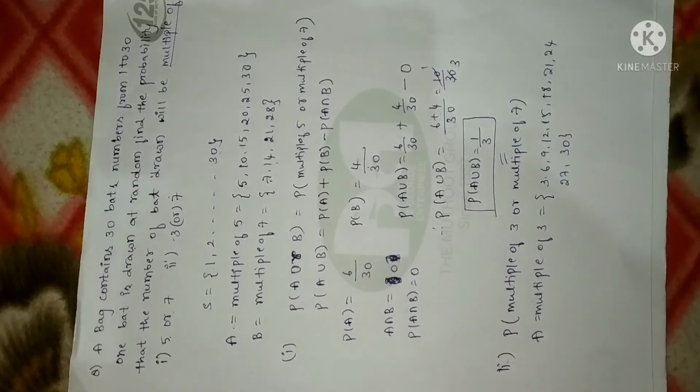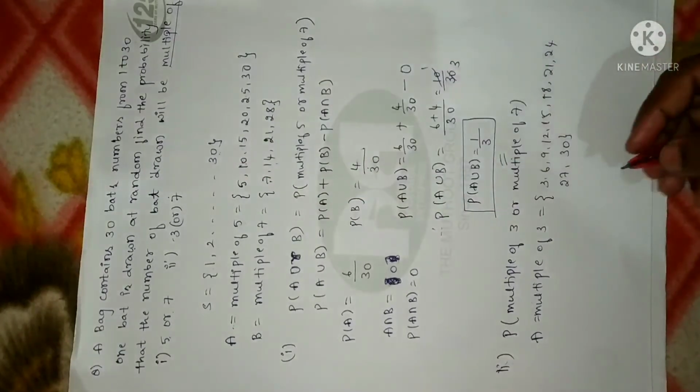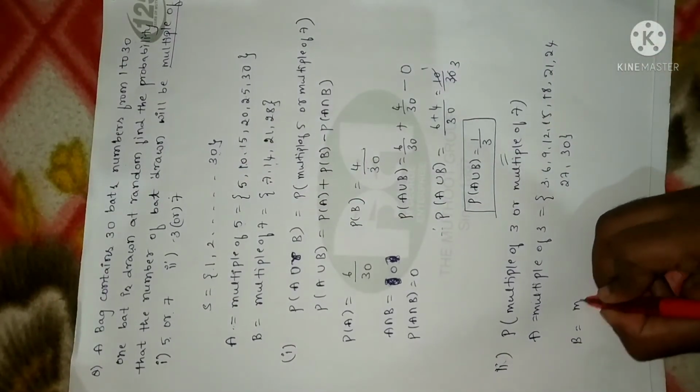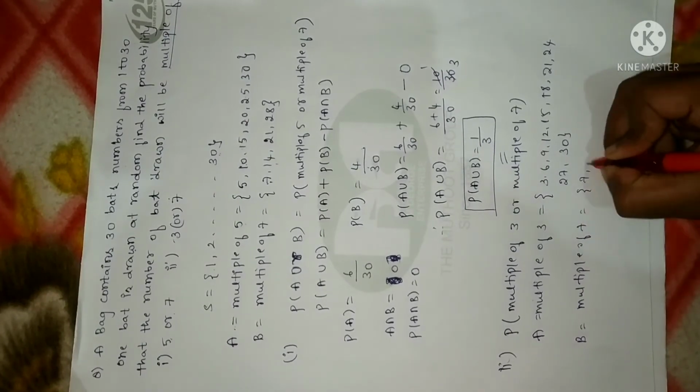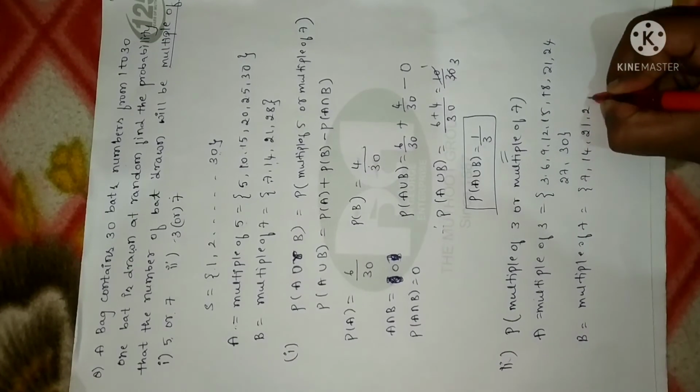We cannot go beyond this. Why? Because we have only numbers up to 30. So let me take B as multiples of 7. It is 7, 14, 21, 28.